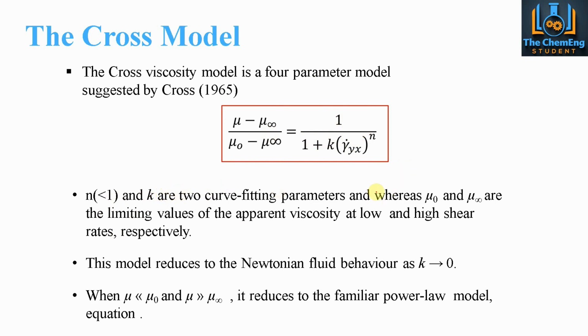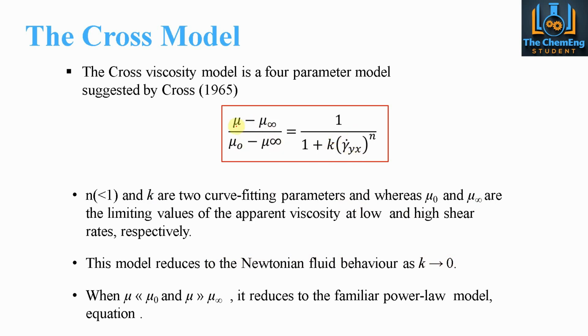Now the limitations here are mu naught and mu infinity, because these are the limiting values of the apparent viscosity at low and high shear rates. So this model reduces to Newtonian fluid behaviour as k tends towards 0. Because let's think about it, if k tends towards 0, then this entire term would become 0.